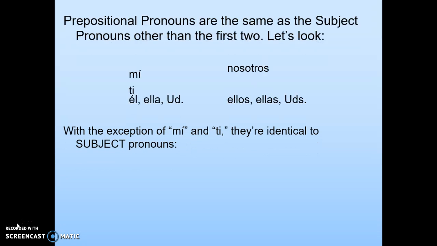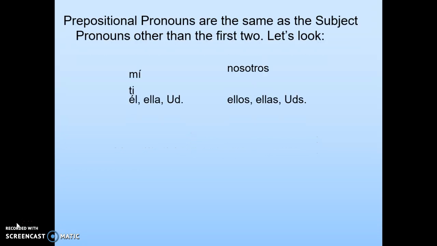Okay? So in español, the prepositional pronouns are the same as your subject pronouns other than the first two. Okay, and subject pronouns are what you put before verbs all the time. So here they are. Mí, ti, él, ella, usted, nosotros, ellos, ellas, ustedes.